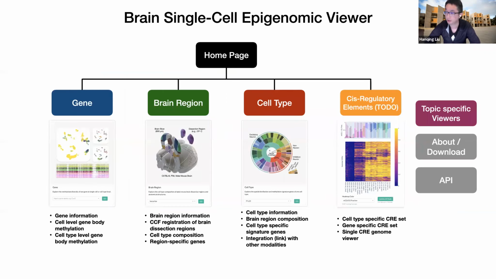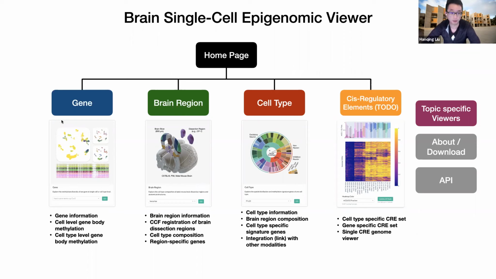So the main purpose here today is showing you the brain single cell epigenomic viewer we built to visualize this data set. We organized this browser by building tools to show every different aspect of this data set.